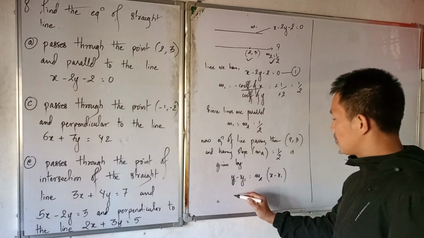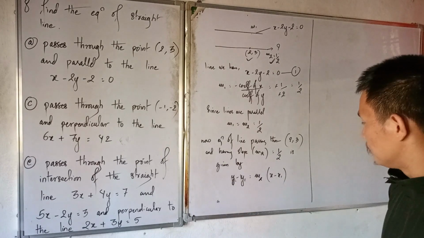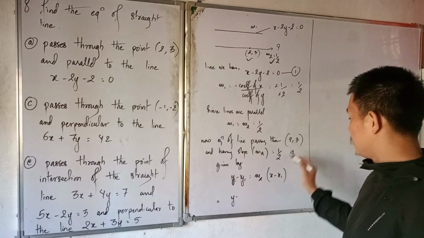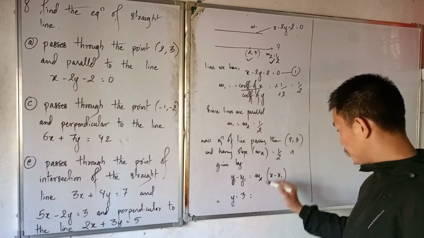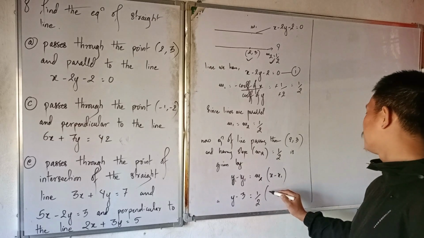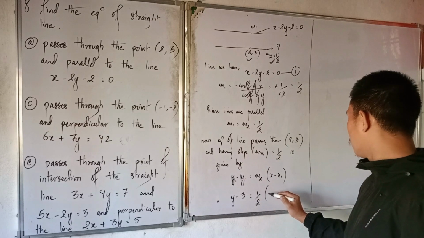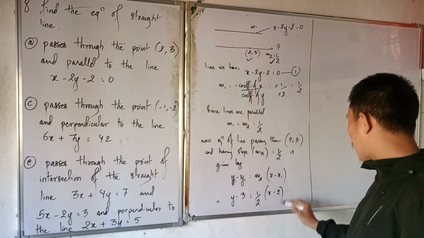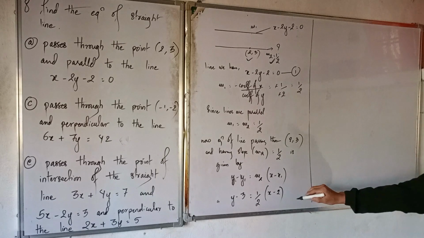So you just put the values: y1 is 3, m2 is 1 by 2, and x1 is 2. Now you further simplify this.